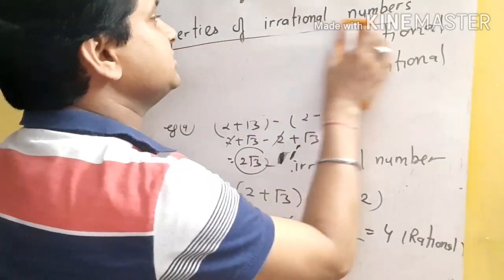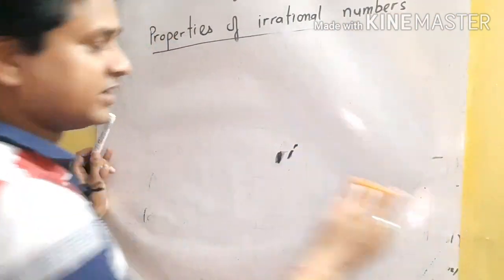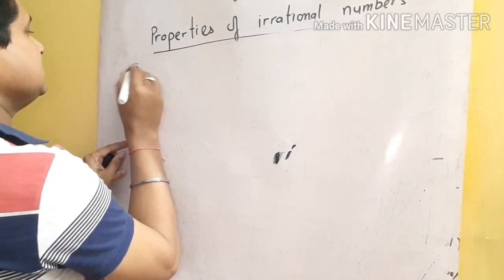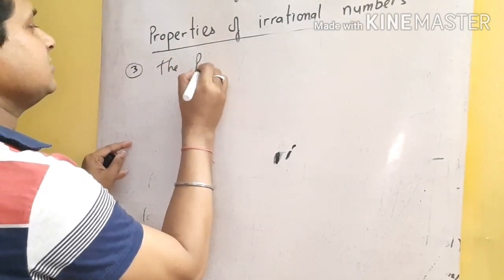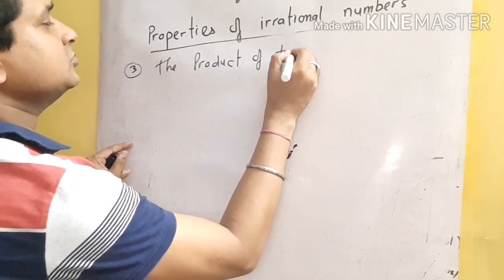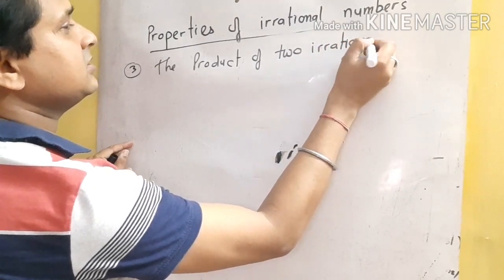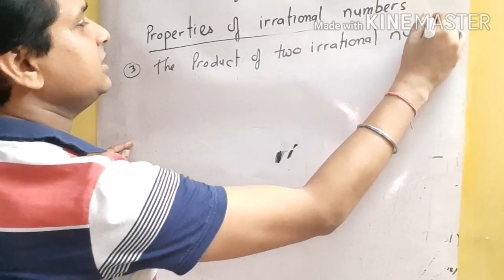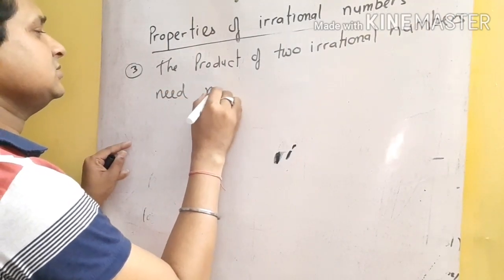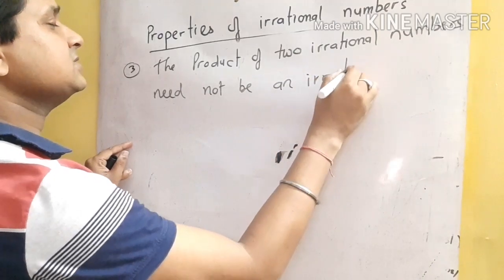Now the third property is that the product of two irrational numbers need not be an irrational number.